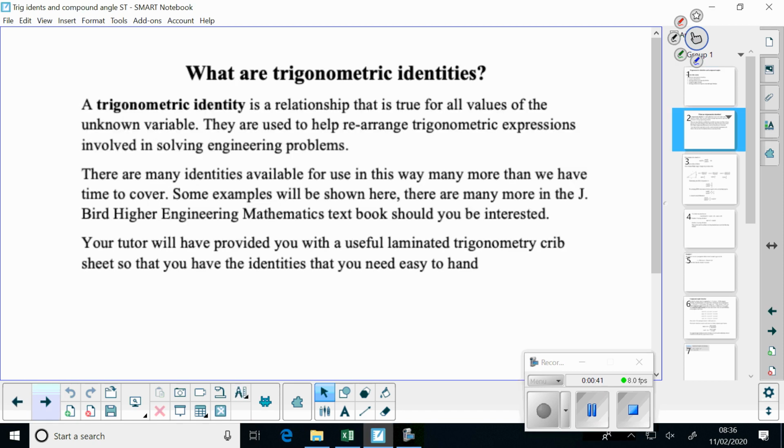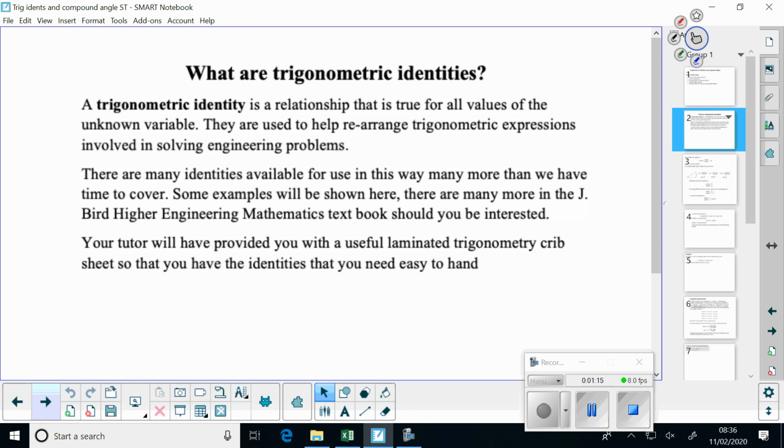So, what are trig identities? What is the relationship in trigonometrical form that is true for all values of the unknown variables? This identity would be true for any value. It helps you to rearrange trigonometric expressions and problems, so it helps you to rearrange a trig equation.